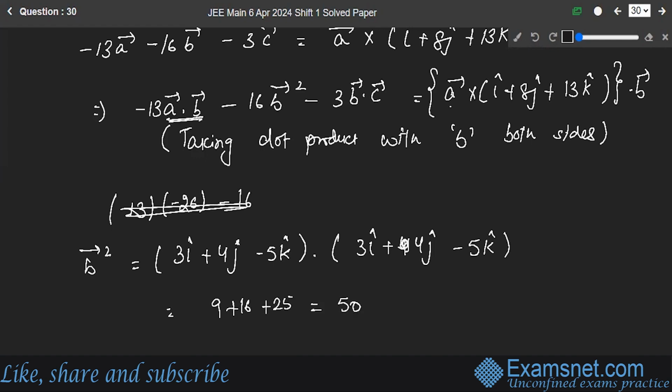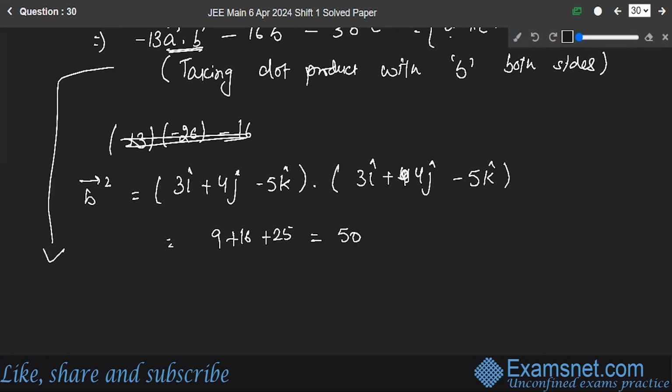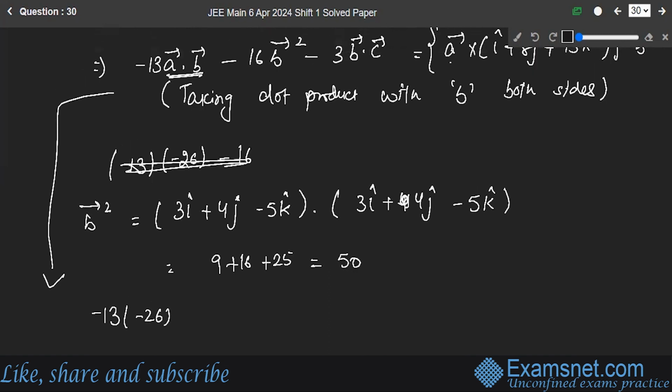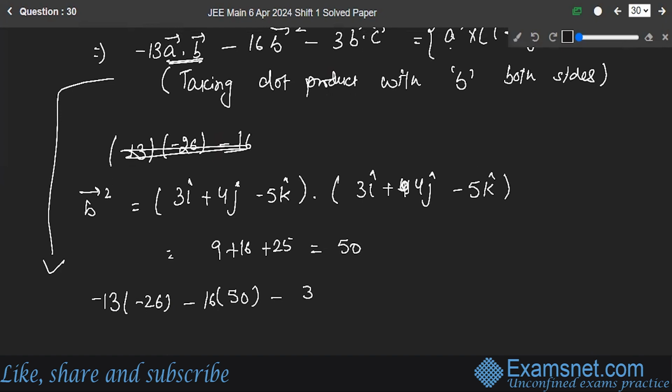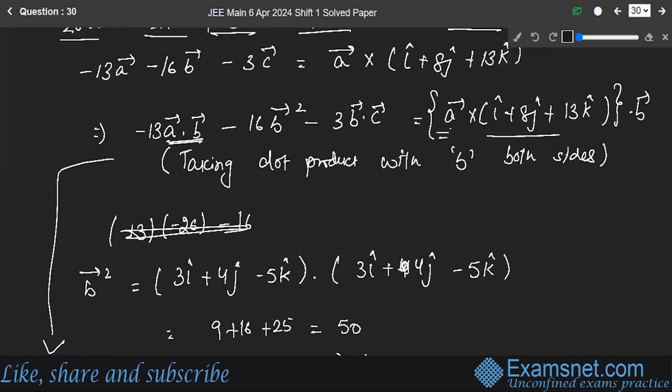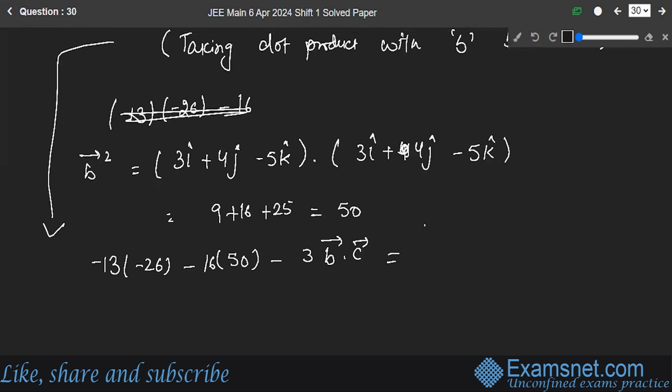Now let's take this one again. Okay, so this will give me minus 13 into minus 26 and minus 16 into 50 minus 3 b dot c. B dot c, I don't have the c, so let it be like this only. Now this is the a cross product with this. So you know the a vector I, j, k.